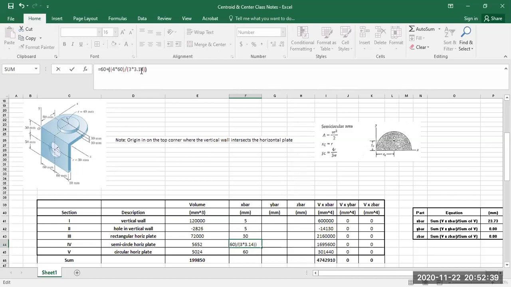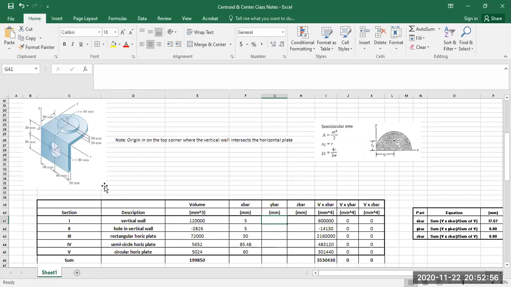Let me just check. So it's 60 millimeters plus 4r divided by 3 pi, with r equal to 60. Okay, so that's what X bar is.